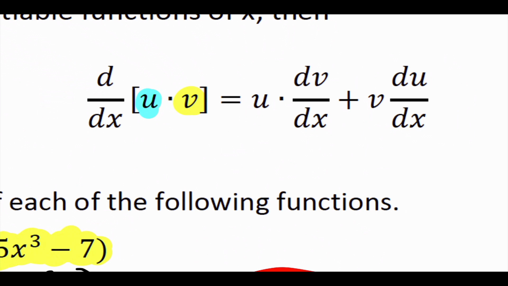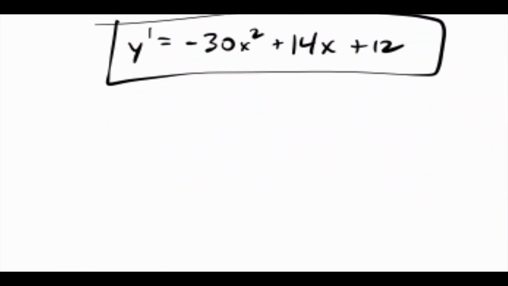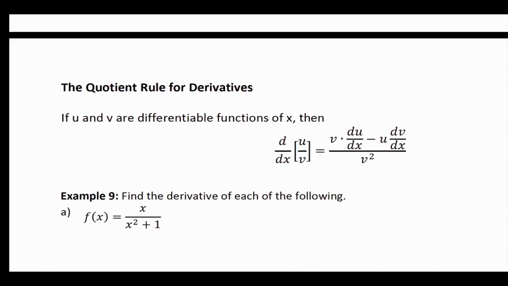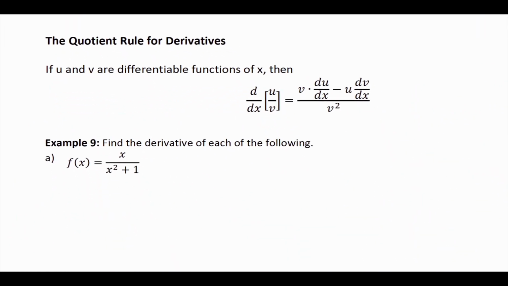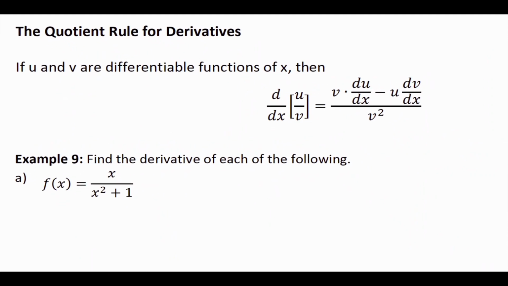The next rule we're going to do doesn't follow those, okay? It's called the quotient rule, on the next page. We use this when we divide. That's what quotient is, right?